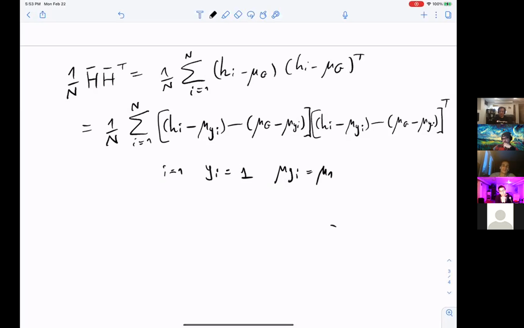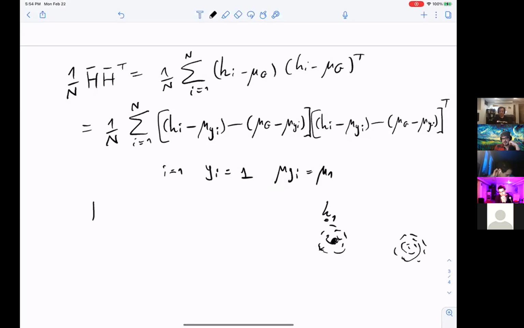So how could I explain it? Imagine, for example, you have Gaussian distributed classes, and you have here H1, right? Then when I say mu yi, I mean this thing.